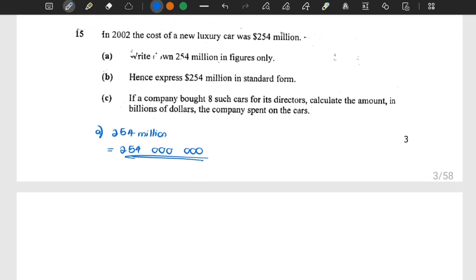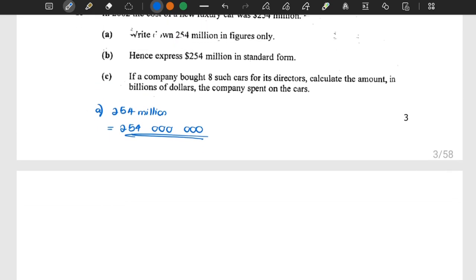And then B says, hence express that in standard form. So again, we have 254 million dollars in standard form. Note that we're going to have our decimal point there and we are moving to the left.